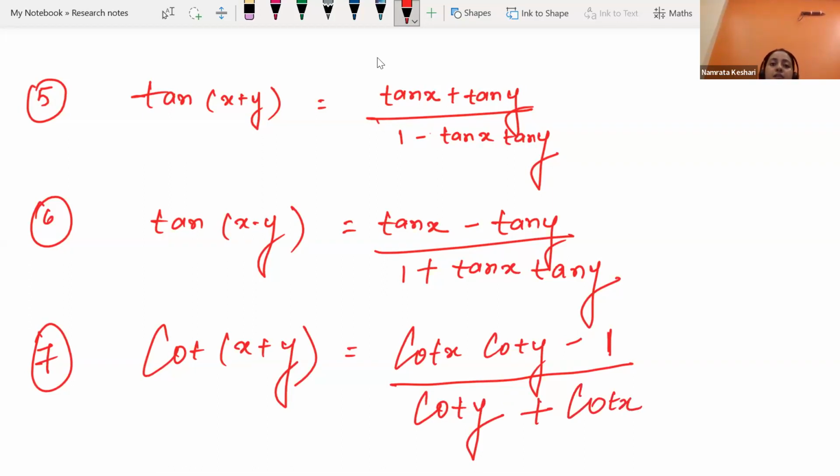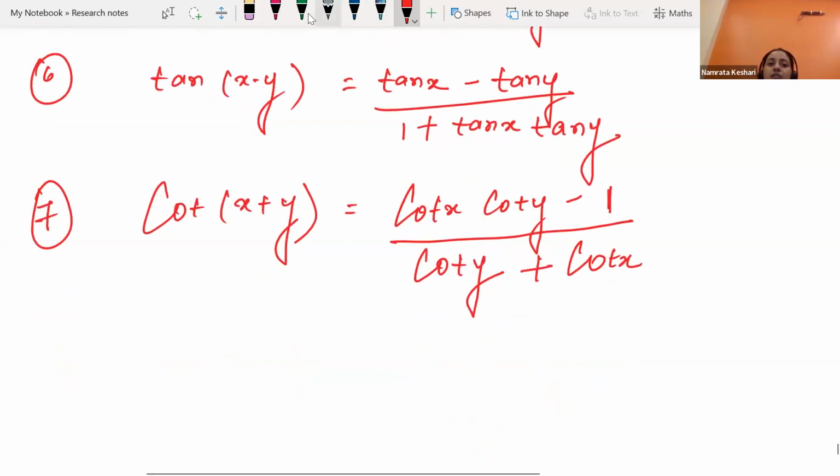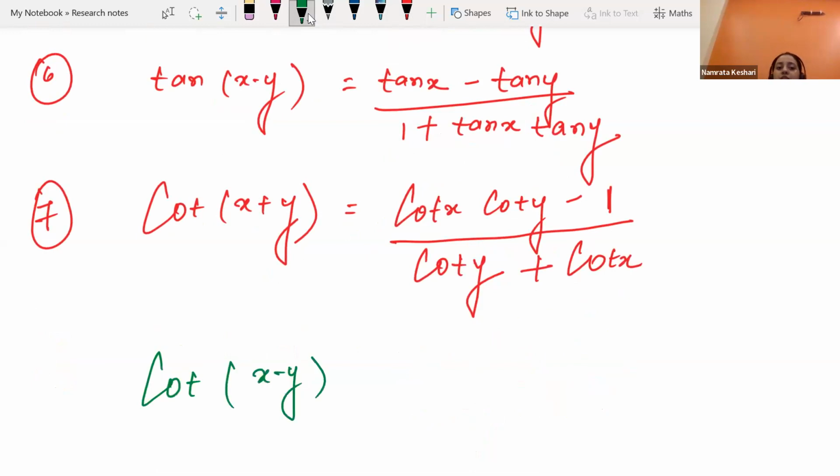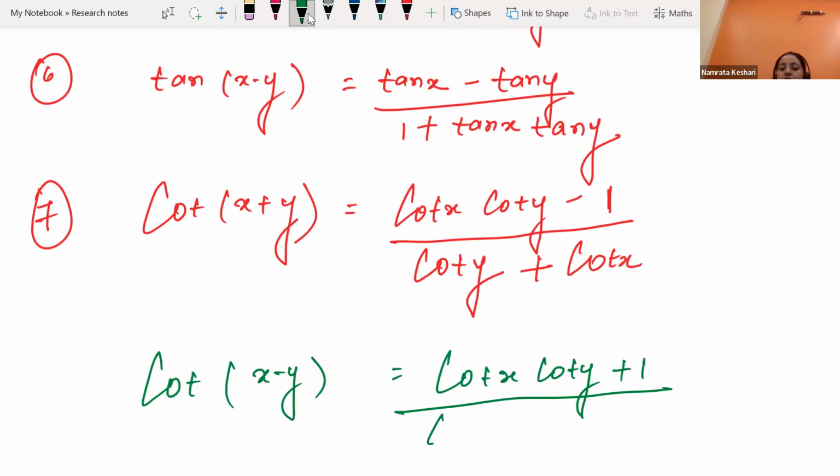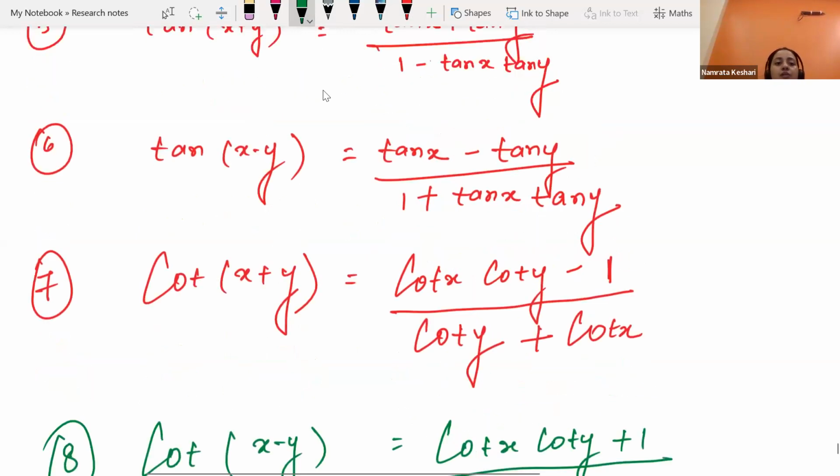And the next formula, that is cot(x minus y), is cot x cot y plus 1 by cot y minus cot x. These are the four formulas we are having over here for tan and cot.